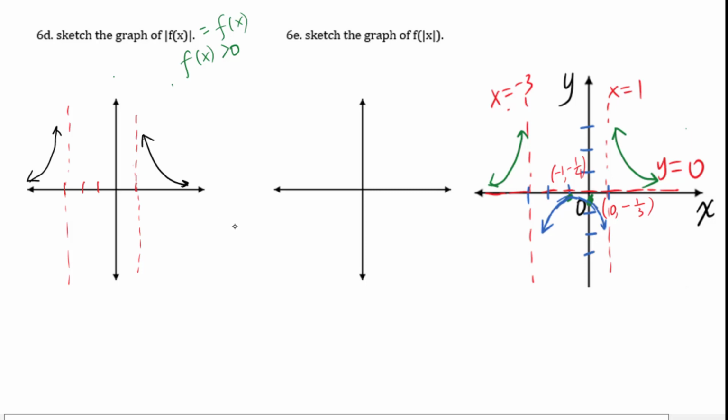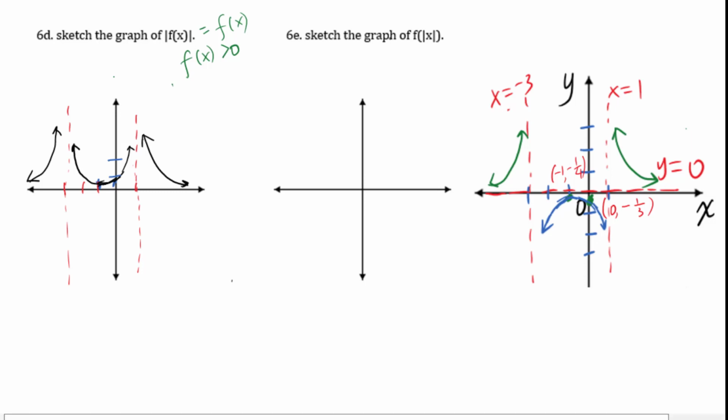And the graph below the x-axis will reflect across the x-axis. So the graph will be like this.